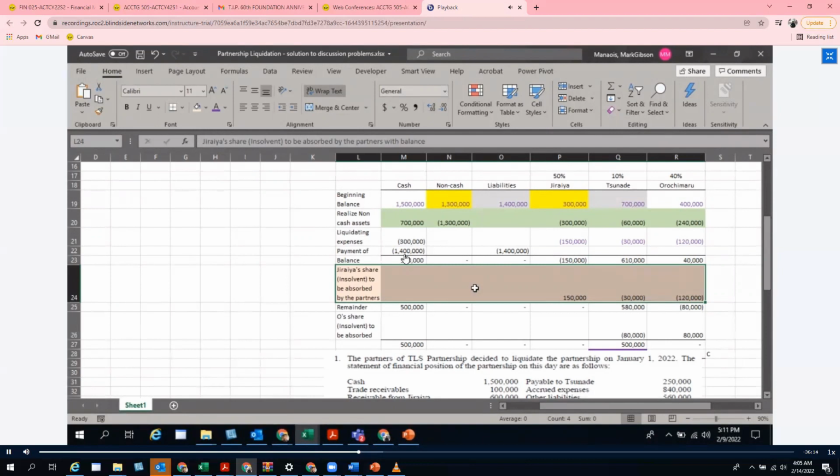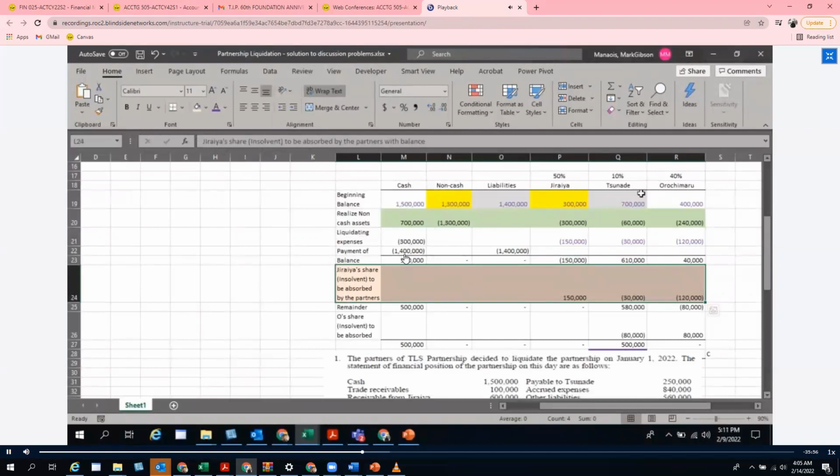So meaning paano natin yan i-settle? So we have to allocate that 150 between those partners with credit balances, remaining credit balances in their capital account.